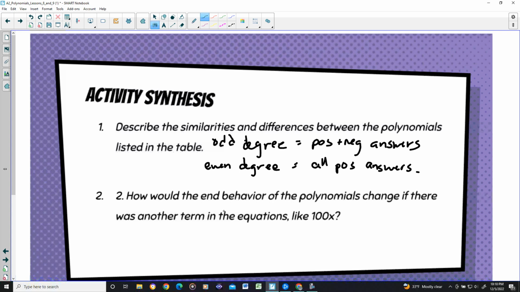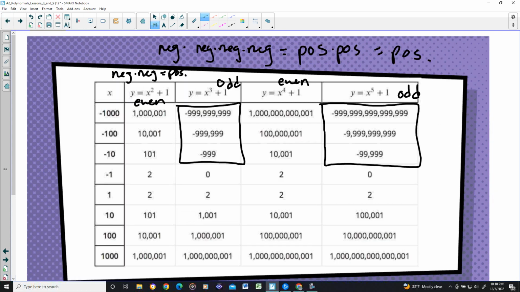How would the end behavior of the polynomials change if there was another term like 100x? Okay, here's an interesting situation. What if we added a new term into this? Let's say we take one of these. We'll take the first couple, x squared and x to the third, and let's say we add a middle term.